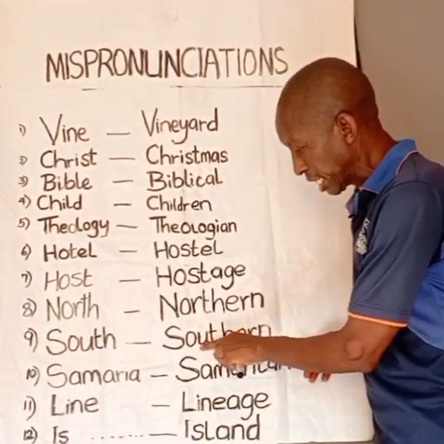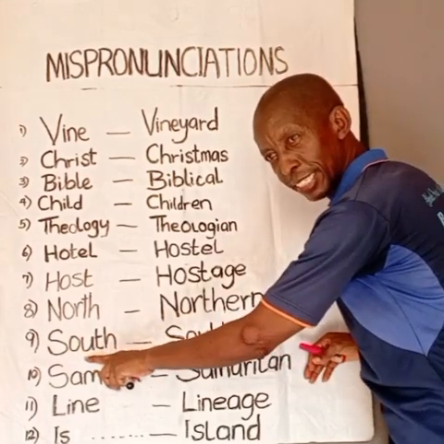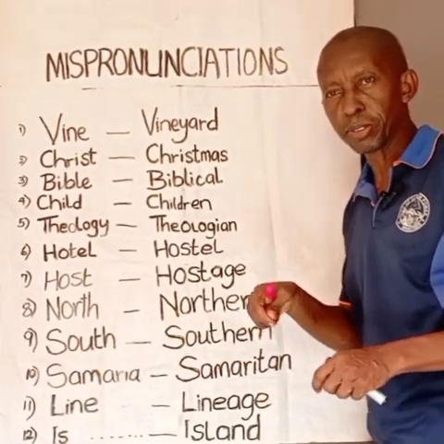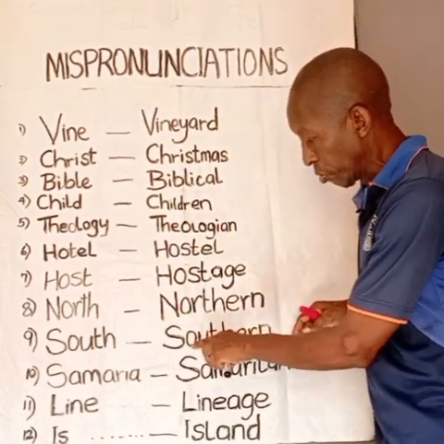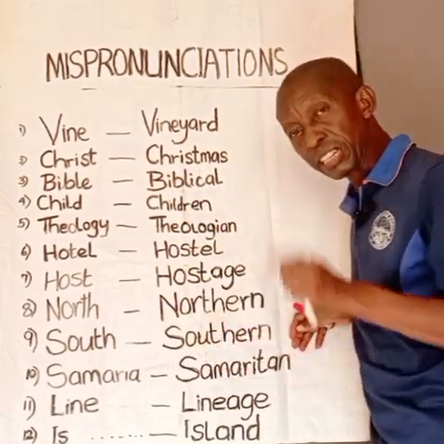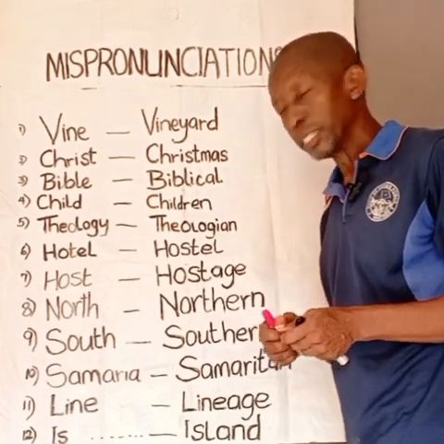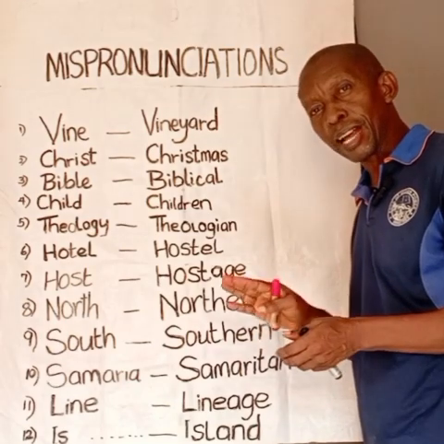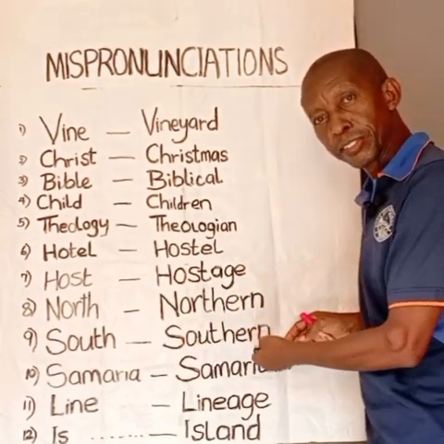You see, the problem is here. You don't treat these two vowels the way you treated these. These two vowels here give you two vowel sounds, but these two vowels in this word give you one vowel sound. So the sound is sudden.